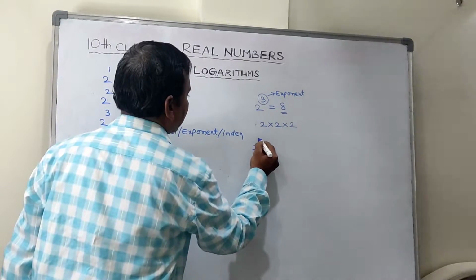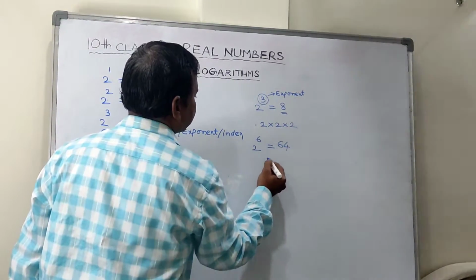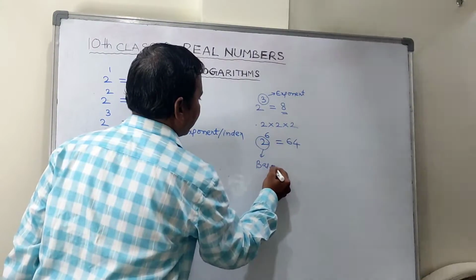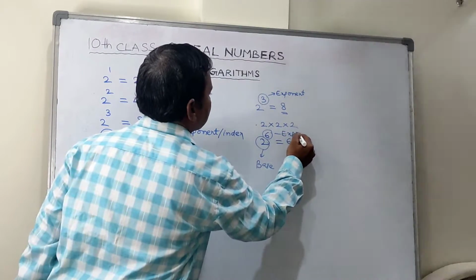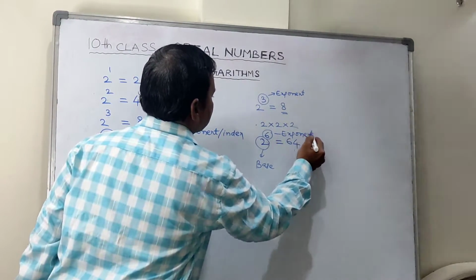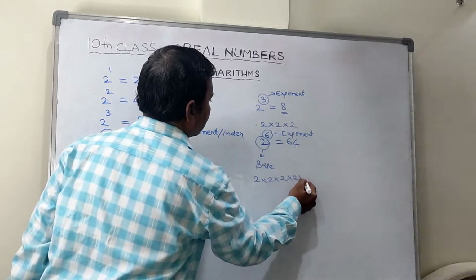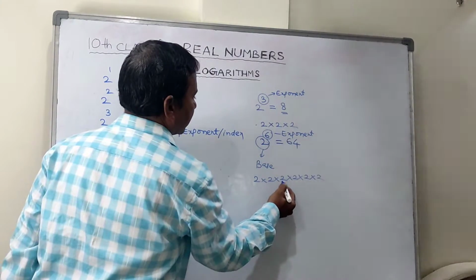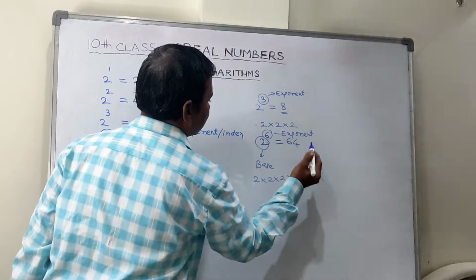Take another example. 2 to the power of 6 is equal to 64. In this, 2 is the base and 6 is called the exponent. It means 2 into 2 into 2 into 2 into 2 into 2. 2 2s are 4, 4 2s are 8, 16, 32, 64.